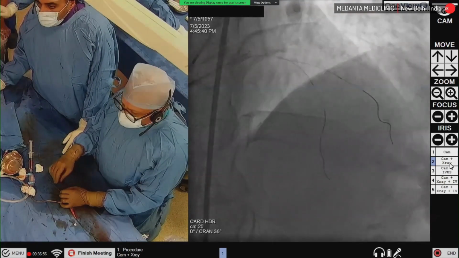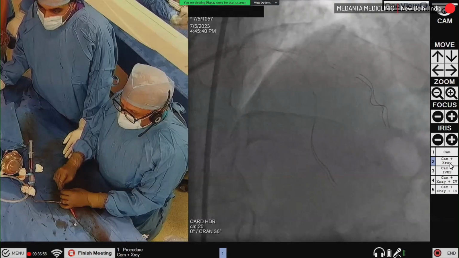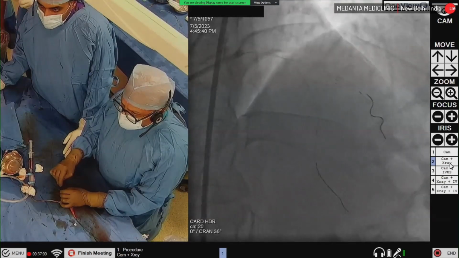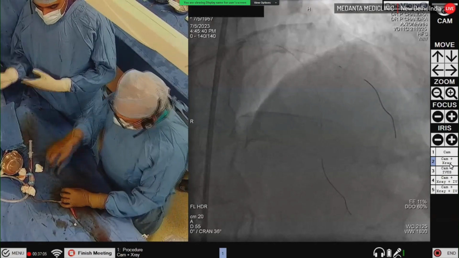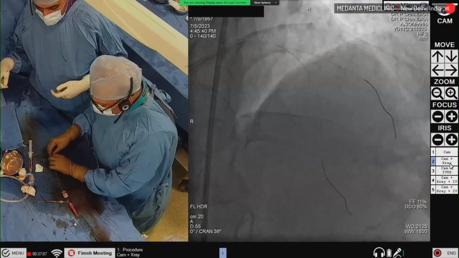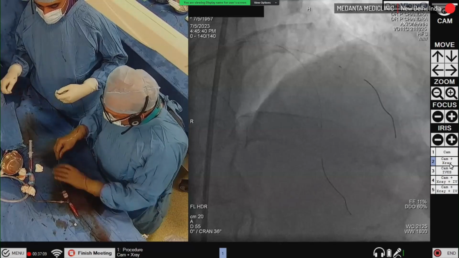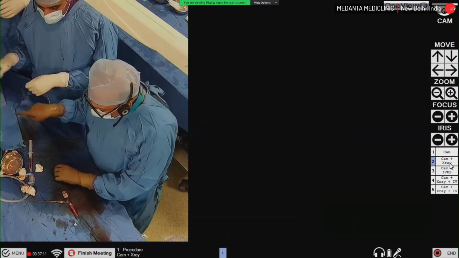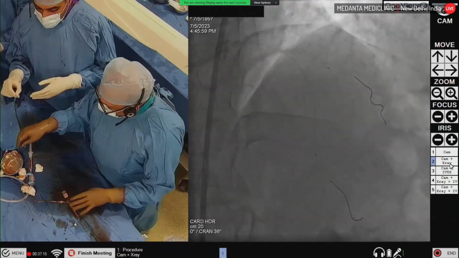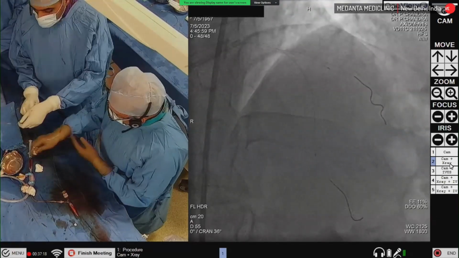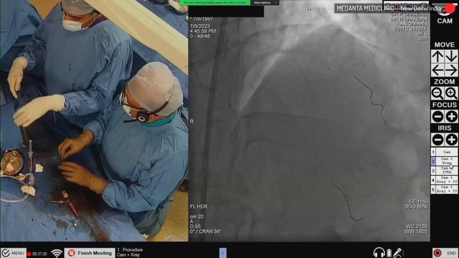Sometimes this catheter starts sticking to the wire. That's what was happening. So I pulled it out slowly so that we don't lose the wire position. And we will check if we are okay. Yeah, we are fine.